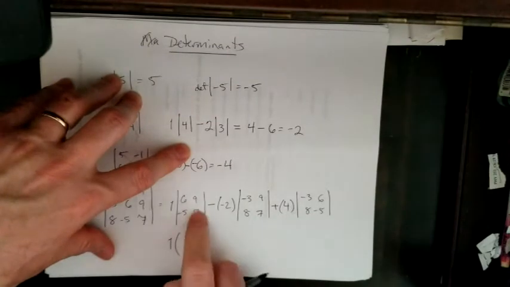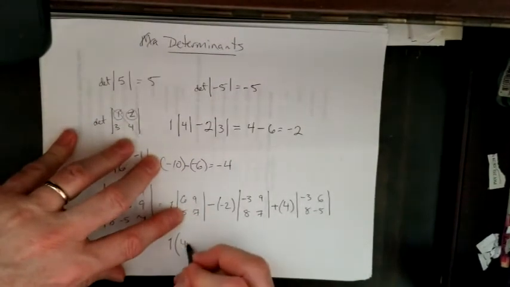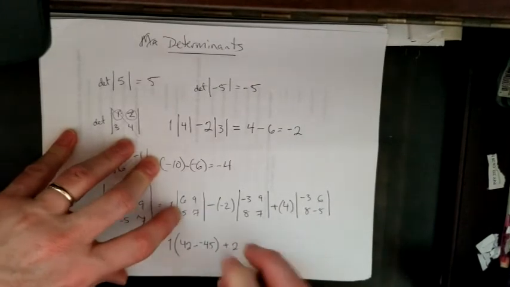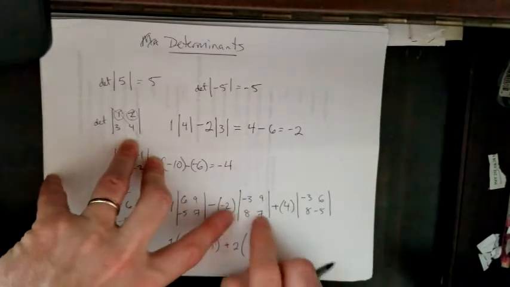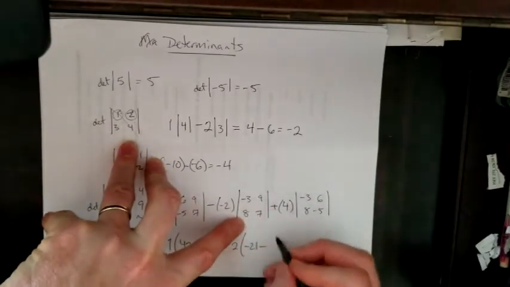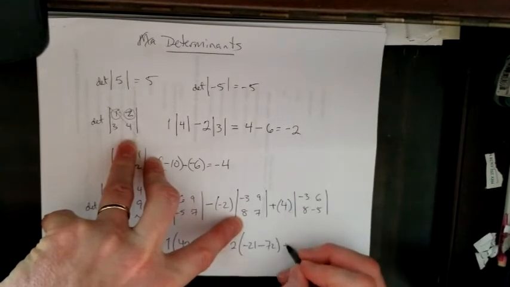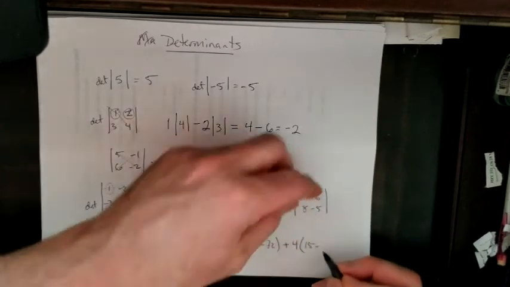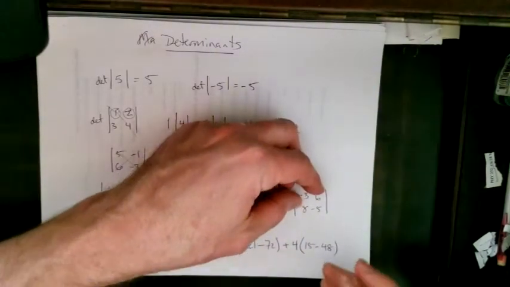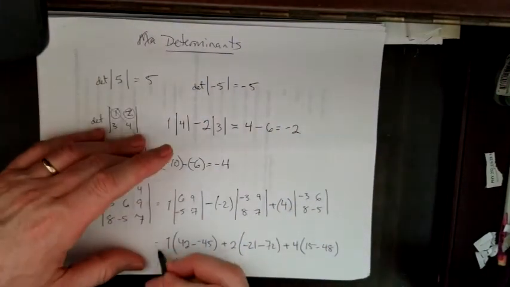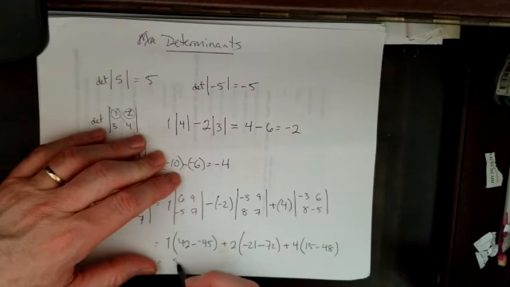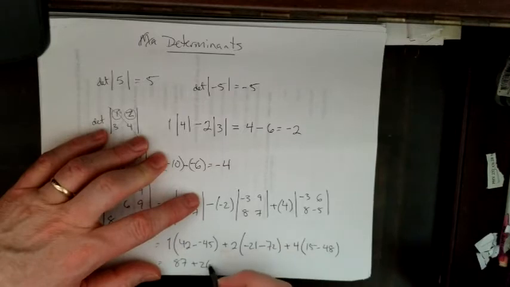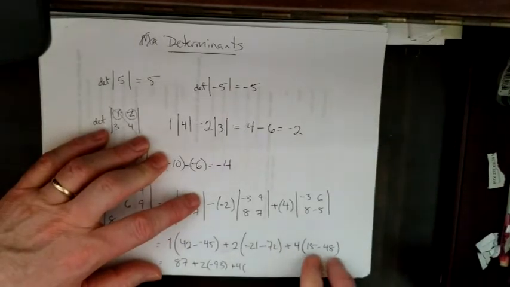This is 1 times, well, we have a shortcut now for the 2 by 2, so that's 42 minus -45, plus 2, the 2 minus signs make it positive, times the shortcut here, that's -21 minus 72, plus 4 times shortcut, multiply that diagonal, that's 15 minus that diagonal, which is 48. And so that is 87 times 1 plus 2 times -93 plus 4 times -33.